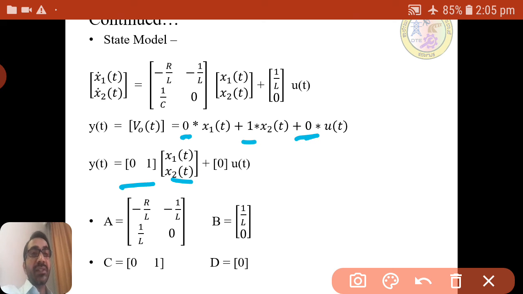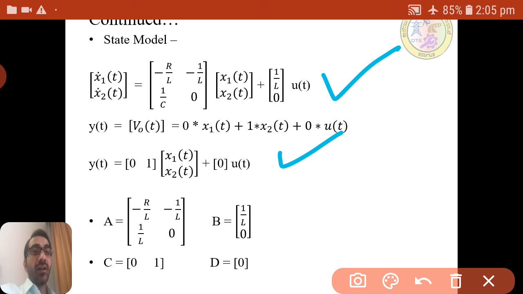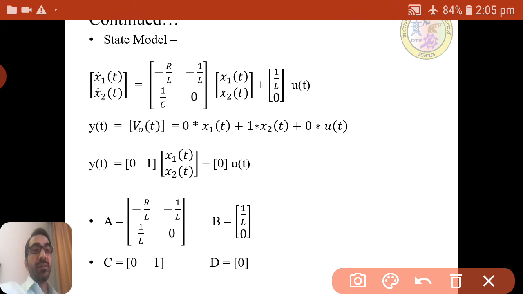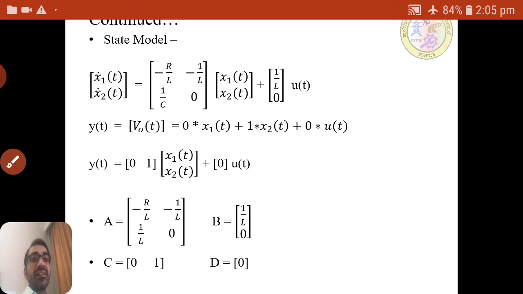So the state equation and the output equation are written, and the coefficient matrices we can give as a, b, c, and d. Okay, so this will be the representation of the state model for the second example.